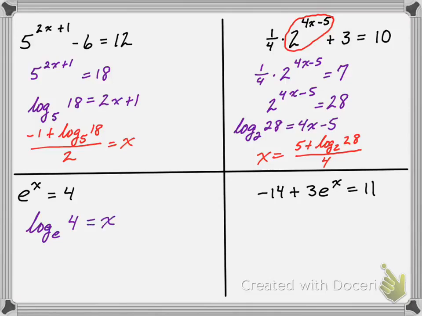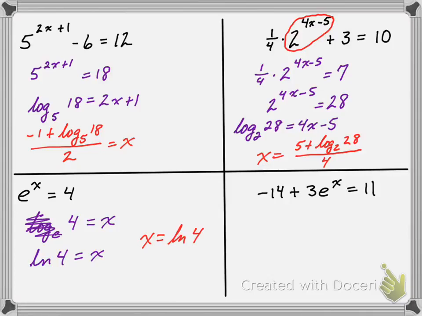But we need to remember that log base e is not what we use when we have a base e. When you have log base e, you write it as natural log, because that is the definition of a natural log. It's log base e. And that's all there is to it. That is our answer, is natural log of 4.